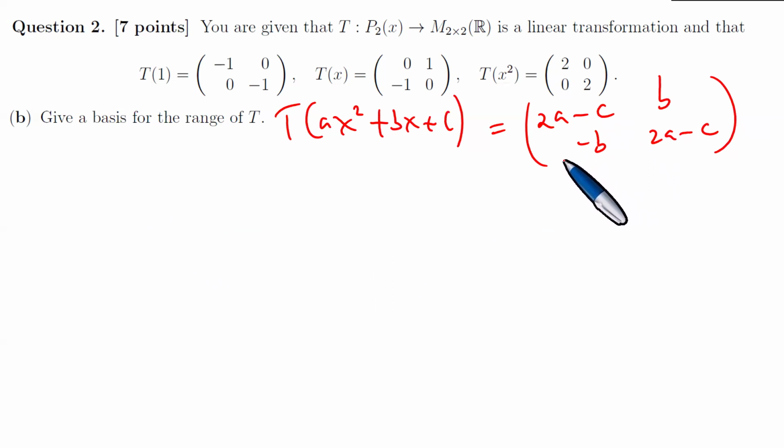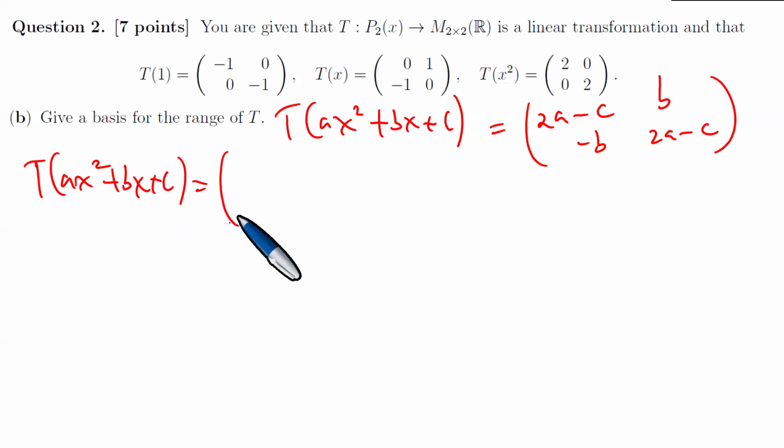There are a couple of ways to determine the basis for the range. The basis for the range can be seen as follows. You can write it as ax² + bx + c, and then you separate the things: you have the a's alone, and then we have 2a here, 0, 0.